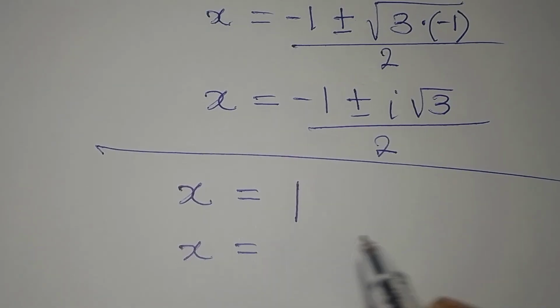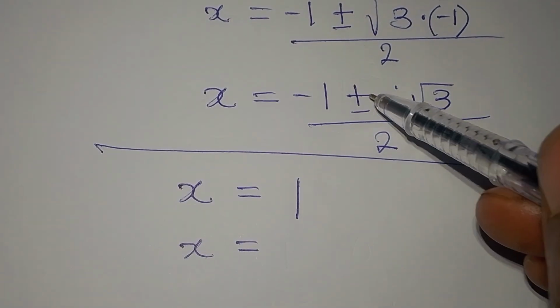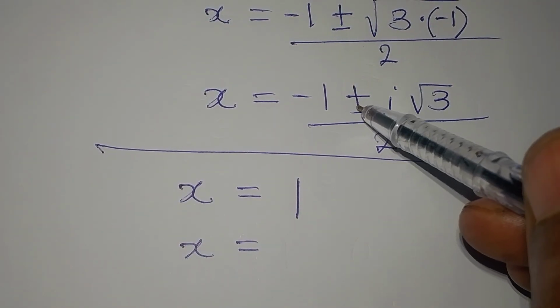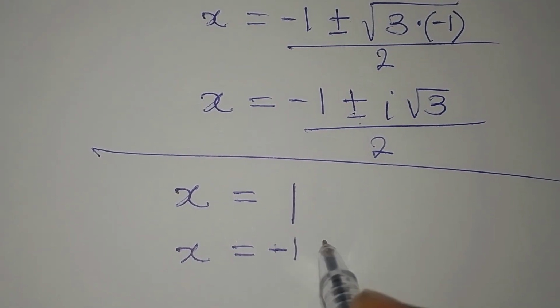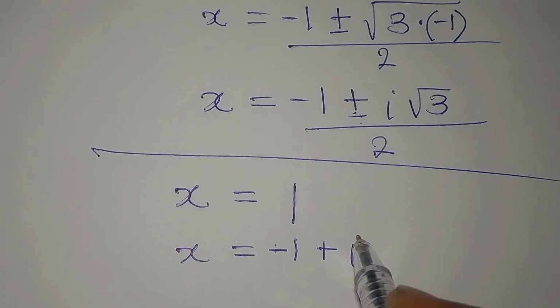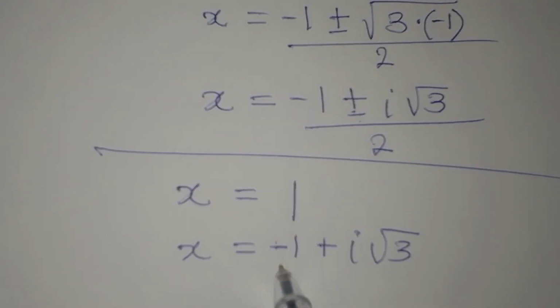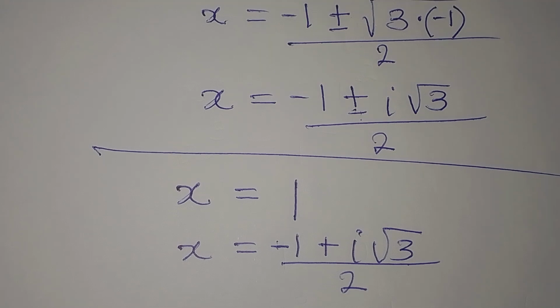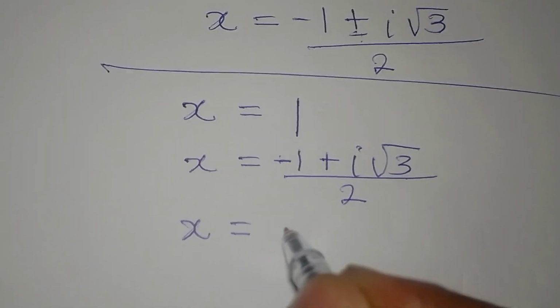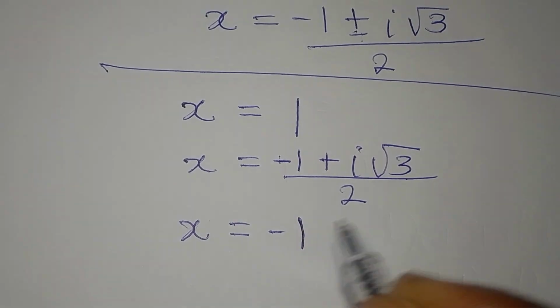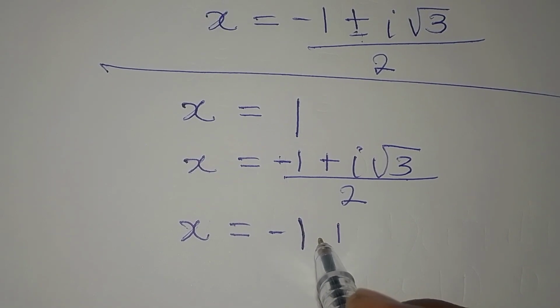So x is equal to, from here, look at this plus or minus. That means 1 is going to be plus and the other minus. So we have minus 1 plus i square root of 3 over what? Over 2. Then we have x again to be minus 1. Oh, we have minus now, right?